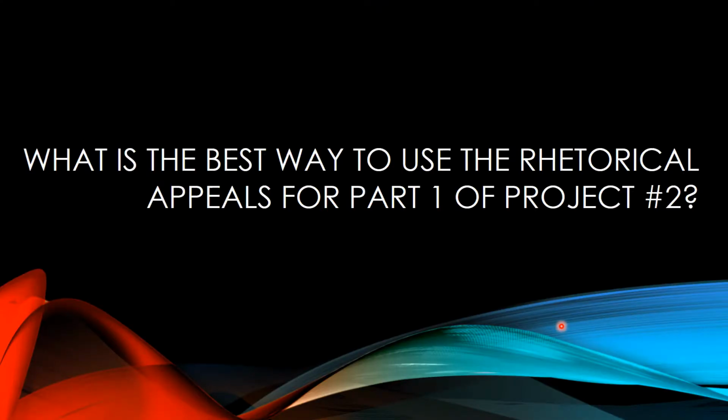So how can we use the rhetorical appeals for part 1 of Project 2? What's the best way to use those? Just as a review, to make sure we're all on the same page: Project 2 is all about analyzing visual rhetoric, which we're doing through looking at advertisements.